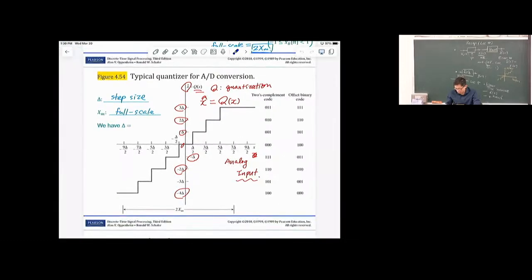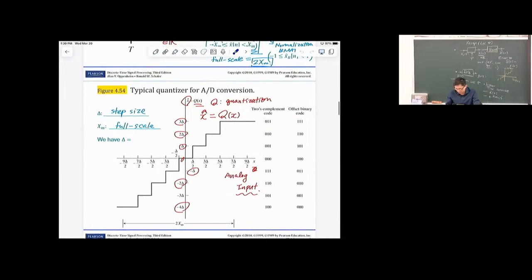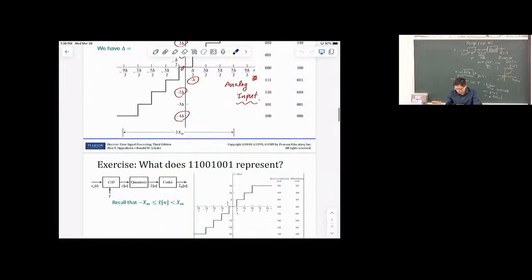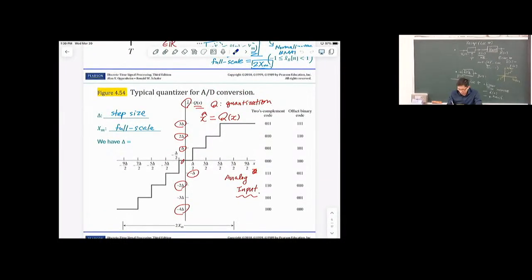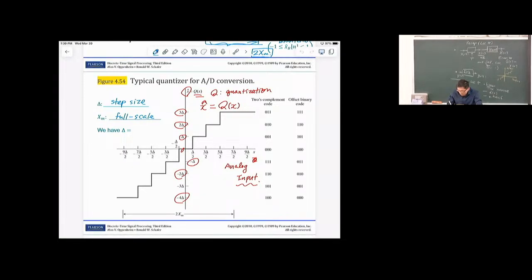So I want to just show you a simple relation, so I want to just write it down, okay? What's the relation between delta and full scale? The range here, by definition, is 2 times full scale, okay?